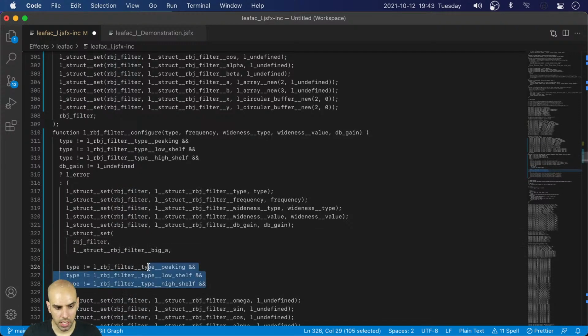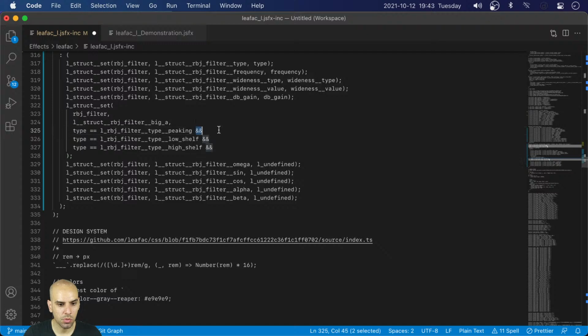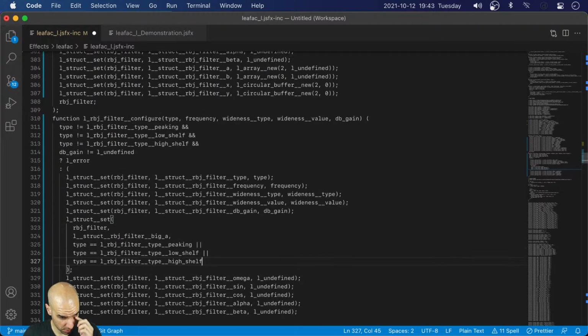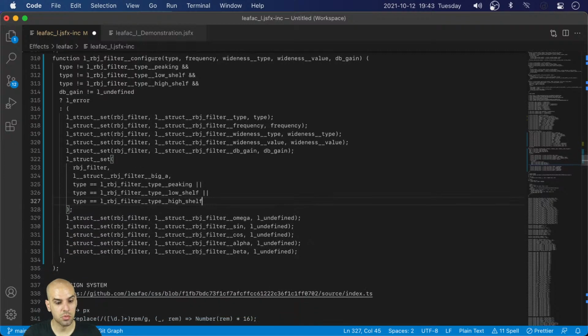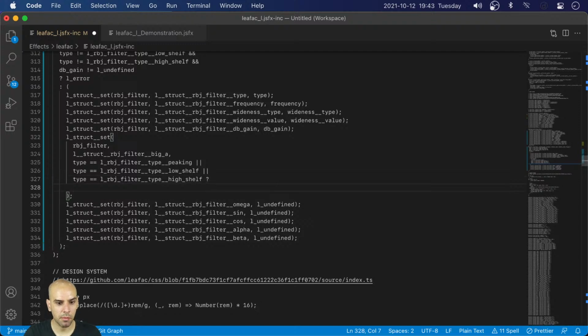Right, so if my type is equal to, yes, that's right. So if my type is peaking, or my type is low shelf, or my type is high shelf, then I'm going to use the formula.